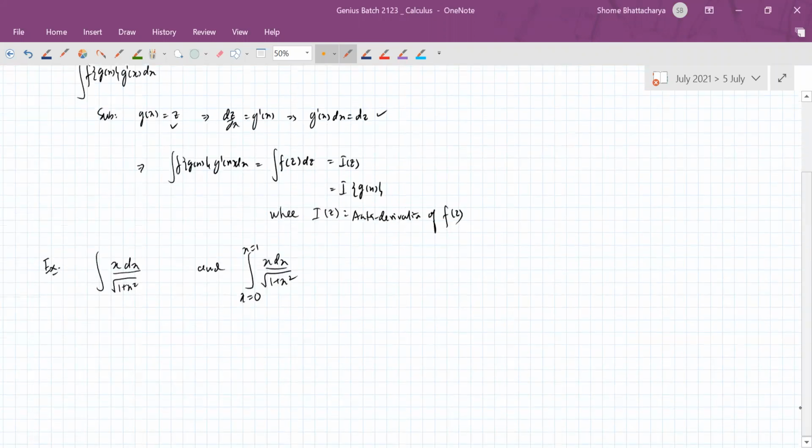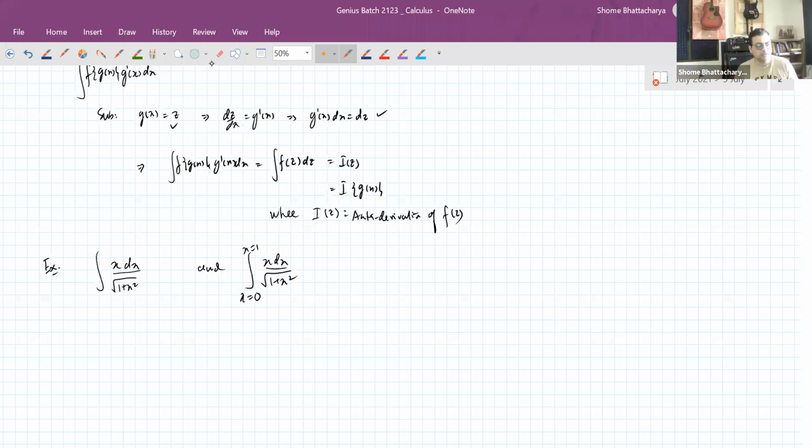Okay, so let's go through the steps of this again. What we can see is that in the denominator, we have a square root term with 1 plus x square inside. And you know that the derivative of 1 plus x square is 2x. So you can use this. We can do a substitution.